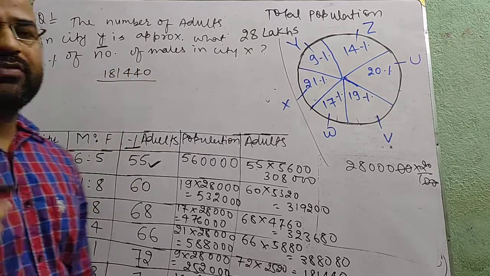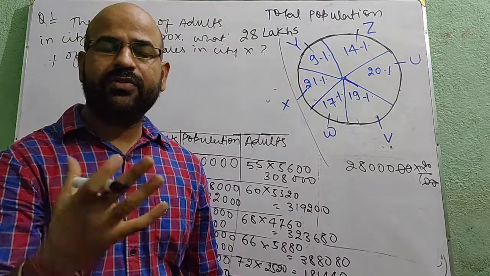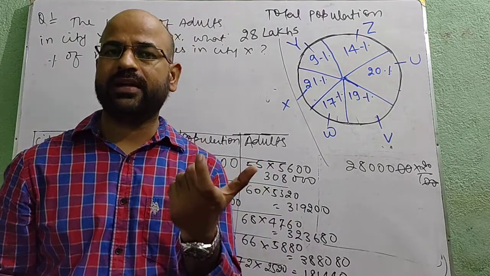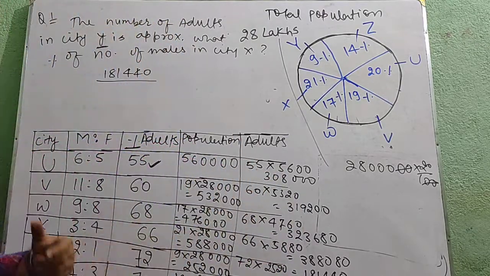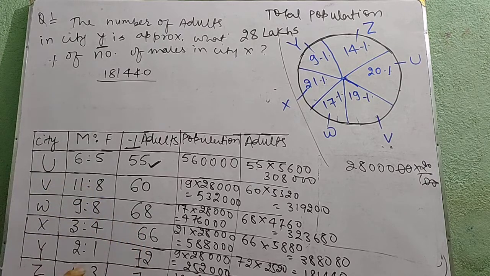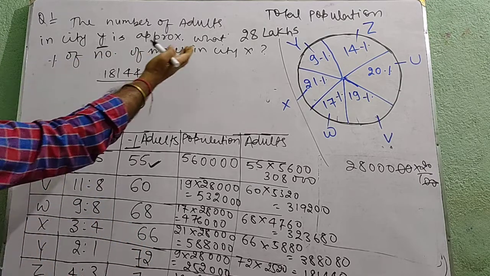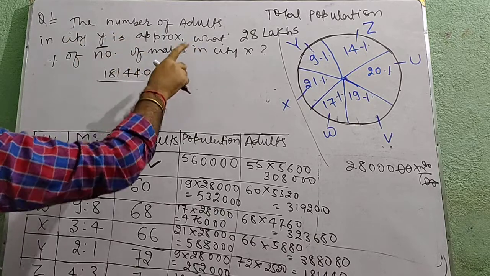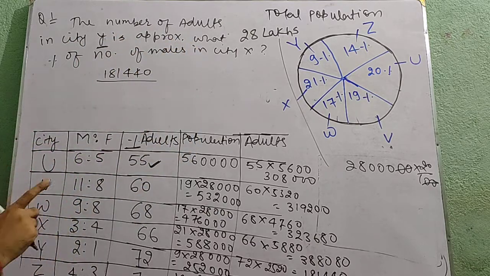If you are calculating a percentage value, the thing you have to calculate goes in the numerator and the total value, what you are comparing with, goes in the denominator. You are comparing with the number of males in city X.